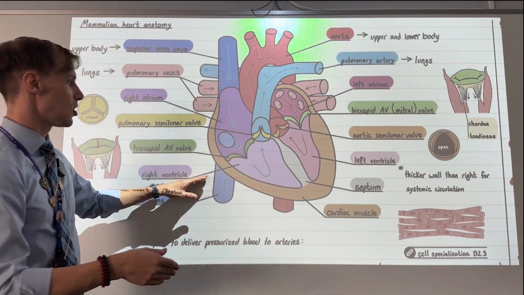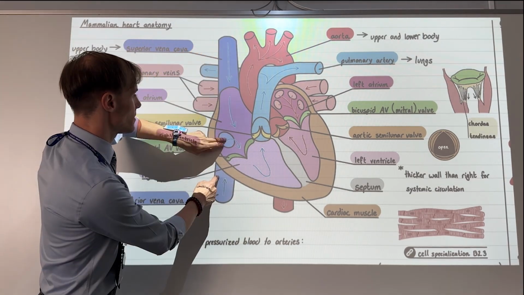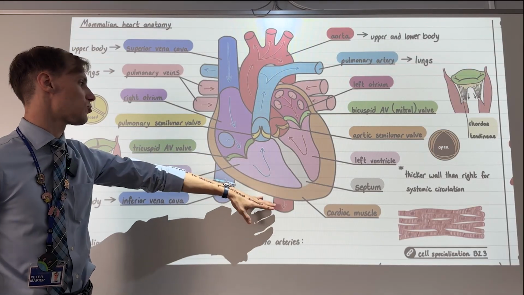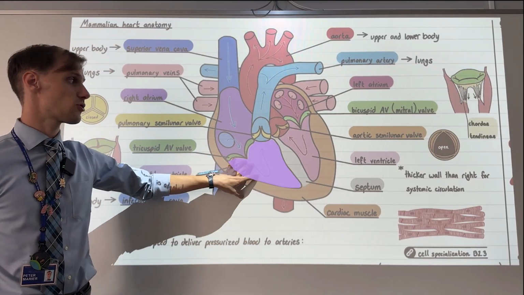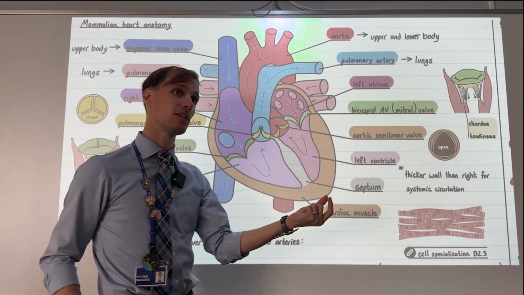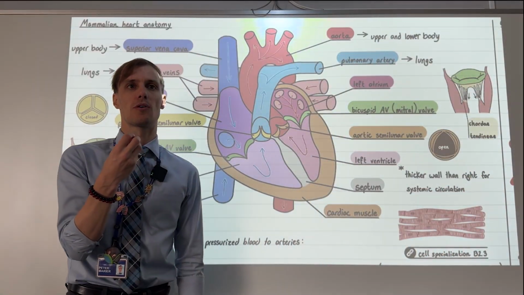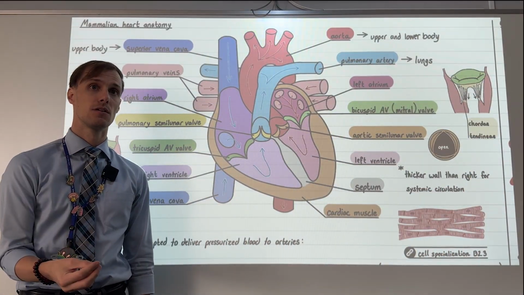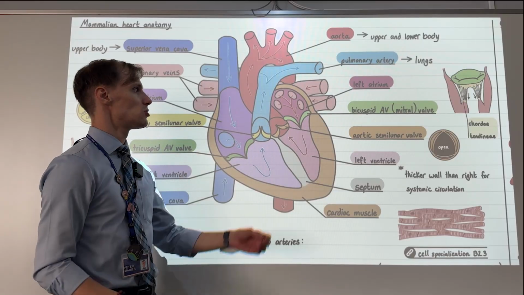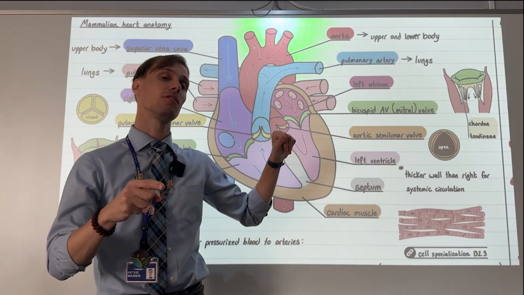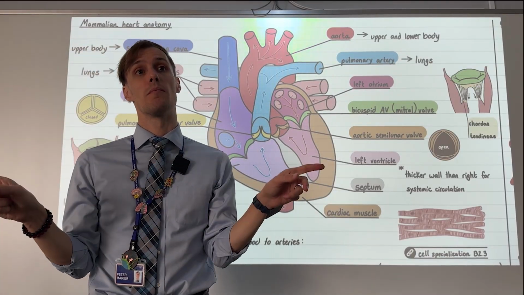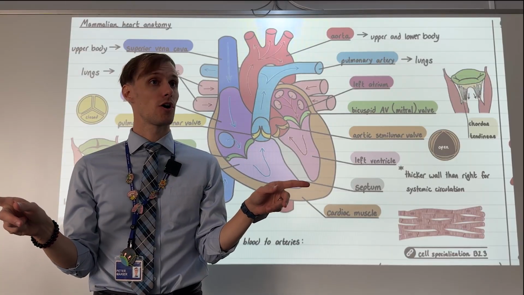Okay, so we've collected blood, pumped it into the right ventricle. Now the right ventricle is going to send blood to the lungs. Now what word did we use to describe something referring to the lungs? Pulmonary. And what vessel moves blood away from the heart? An artery.